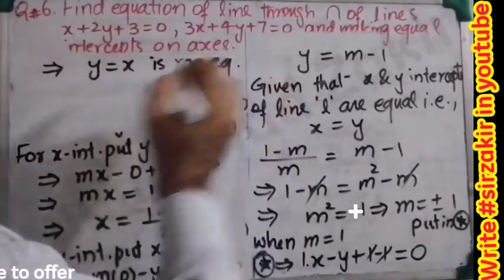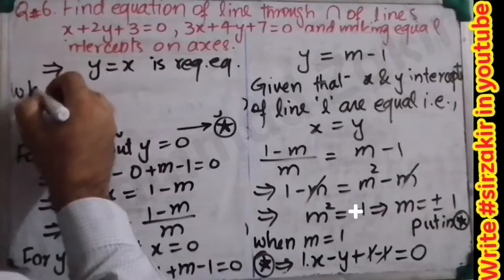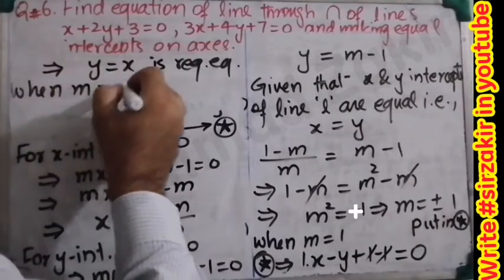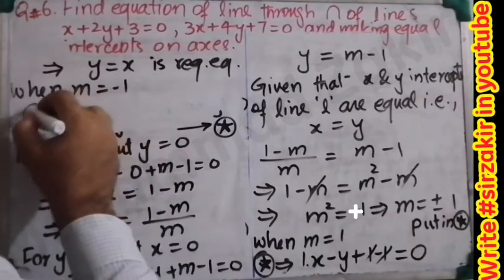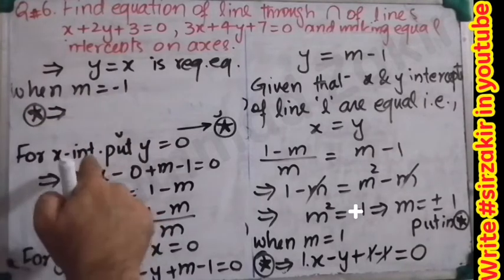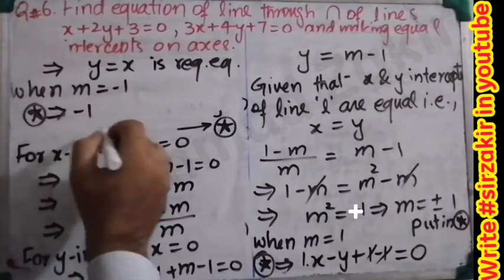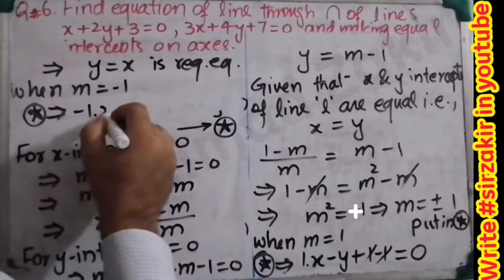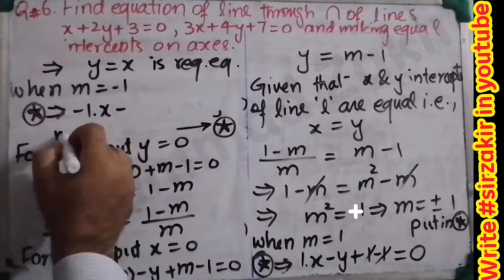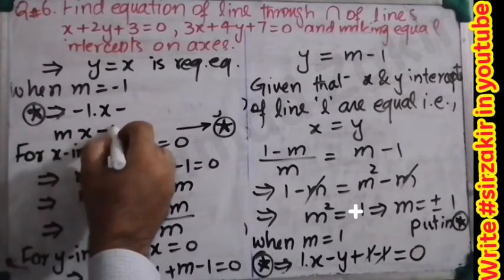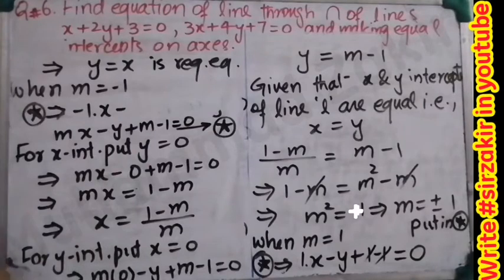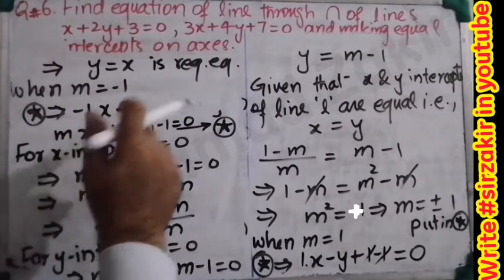When the value of m is equal to minus 1, we put it in asterisk. So asterisk implies minus 1x, as asterisk is mx minus y plus m minus 1. This is asterisk. Now we substitute in it the value of m equal to minus 1.